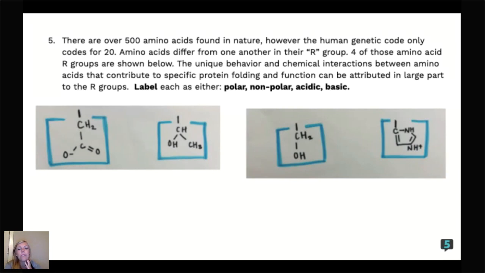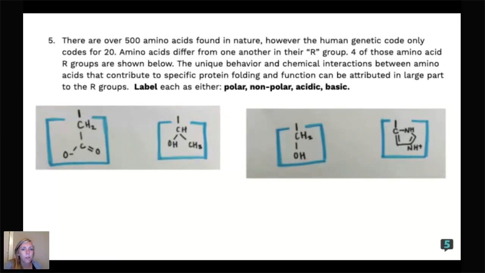So anytime you see an oxygen and a hydrogen together, you know there's going to be some sort of polarity because it's going to be unequal sharing of electrons. Mostly it's going to be between oxygen and hydrogen, and carbon and hydrogen.